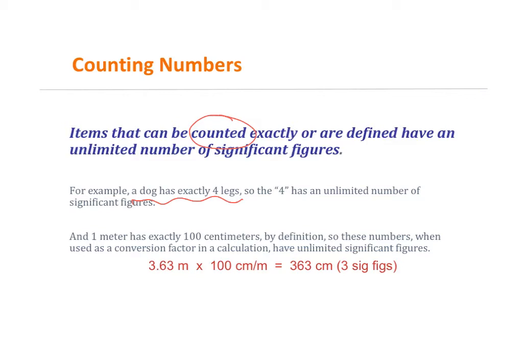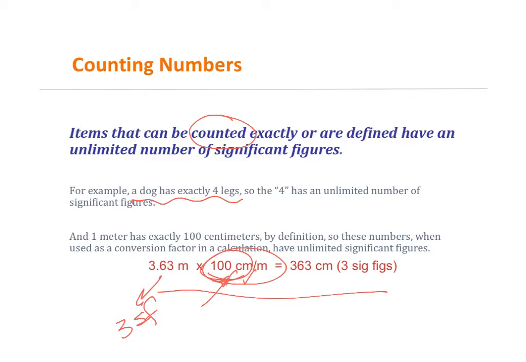There are also some conversion factors that are just defined, and therefore, again, you don't take into consideration sig figs. So metric conversions are all just definitions. There are exactly 100 centimeters in a meter, and so if you were doing this calculation, you would say, okay, 3.63 has 3 sig figs, and you wouldn't even pay attention to the number of sig figs in this conversion factor.